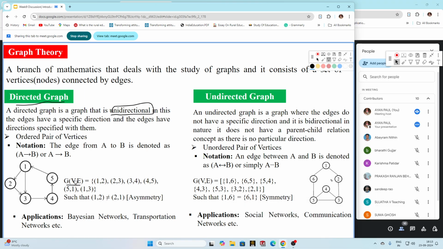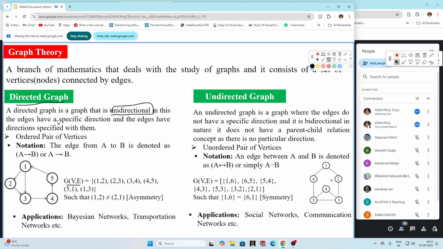Whenever we write our directed graph, we write it in this form: 1 2, then 2 3, then 3 4, then 4 5, and then 5 1. Also these two are connected, so 1 3. In this we cannot write 1 2 as 2 1.